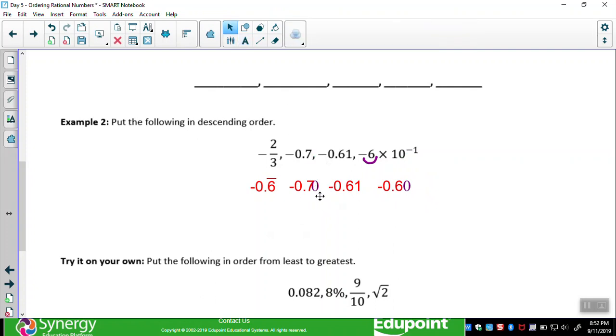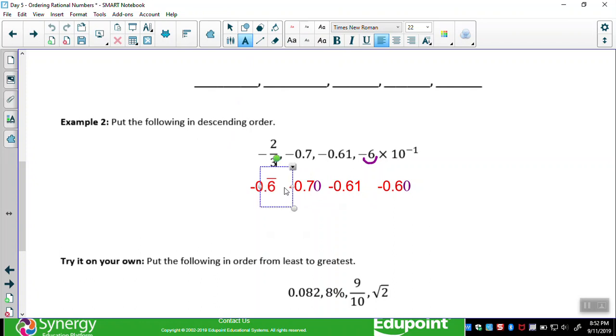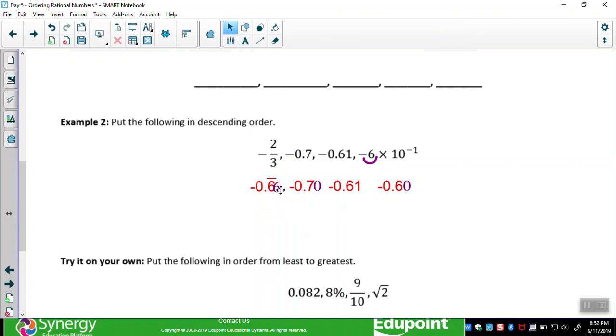Now when I get to the repeating one, I'm not going to add a 0 to the end of it. I'm going to add a 6 to the end, because that 6 is repeating. Okay, so now I'm really comparing.